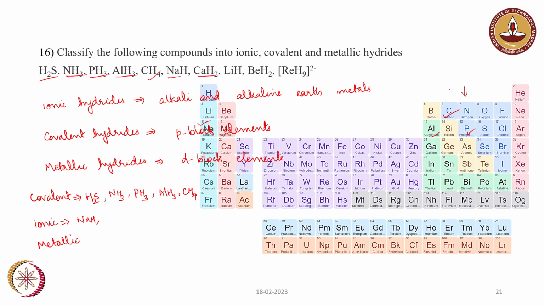So calcium is in the alkaline earth metals, so it's an ionic hydride. Next one is lithium hydride. So it's in the alkali metals, so lithium hydride is an ionic hydride. Next one is beryllium hydride. So it's also in the alkaline earth metals. So it's ionic.